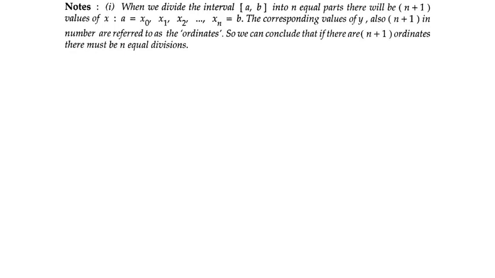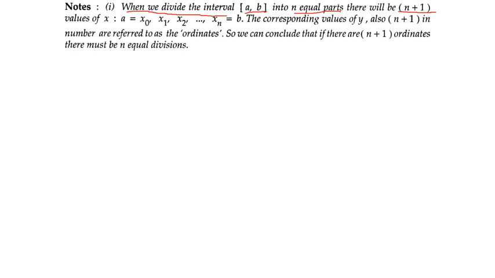There is one note: when we divide the interval into n equal parts, how many values of x will you get? Yes, it is n plus 1 values of x you will get.